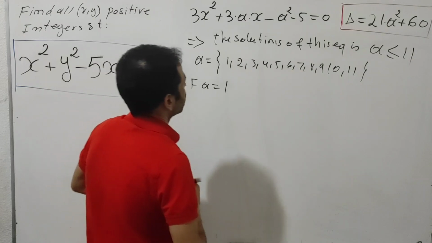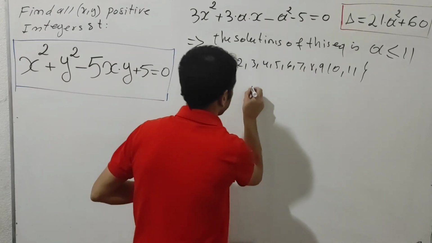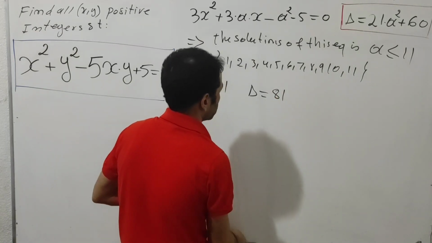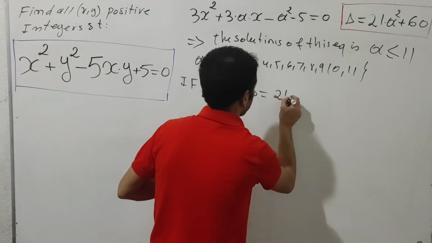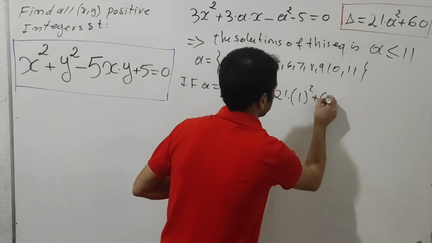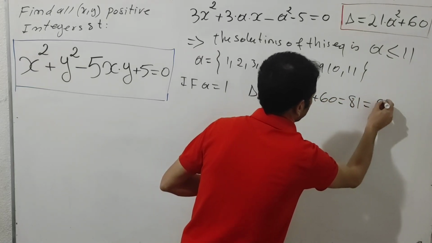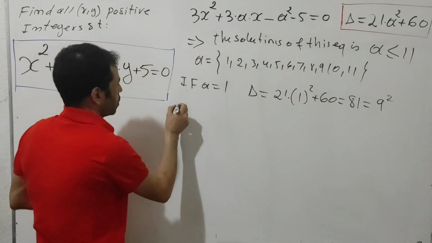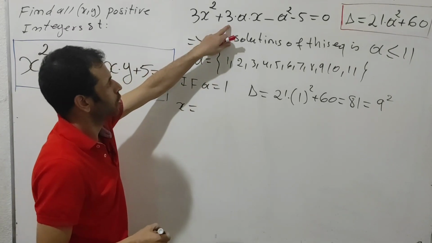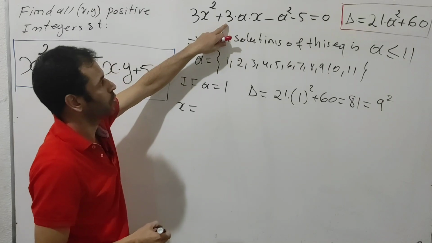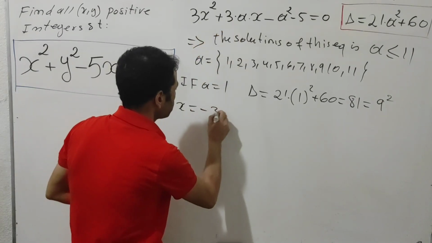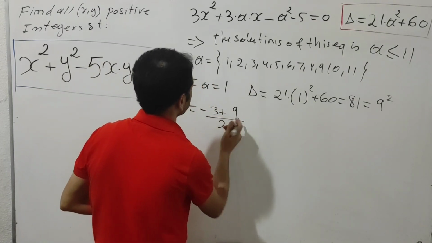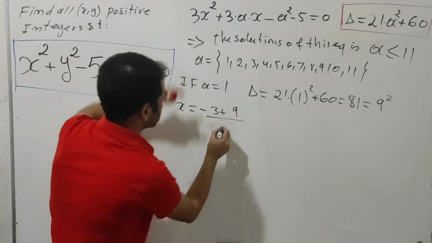So I will have delta equals 21 multiplied by 1 squared plus 60, which is 81, the same as 9 squared. Now for the solution of this equation, I will have x equals minus b, which is minus 3a, which is minus 3, plus the square root of delta, which is plus 9, divided by 2a, which is 6.